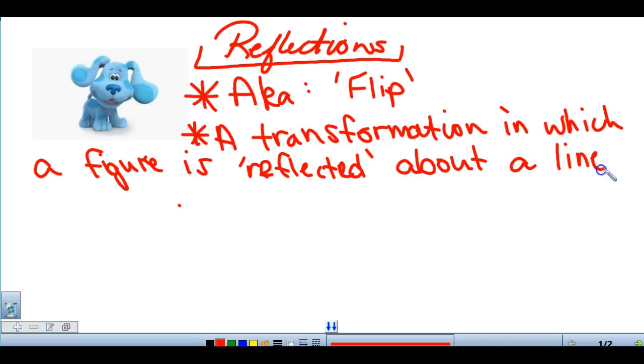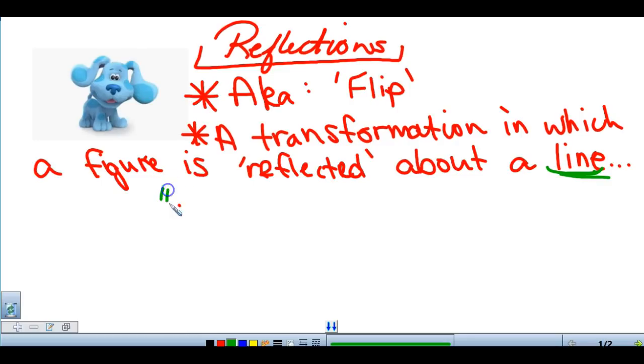Now, this line could be the x-axis, it could be the y-axis, it could be the origin, or it can be x equals 2 when you get into more advanced reflections, okay? This line that the figure is being reflected about has a special name as well.